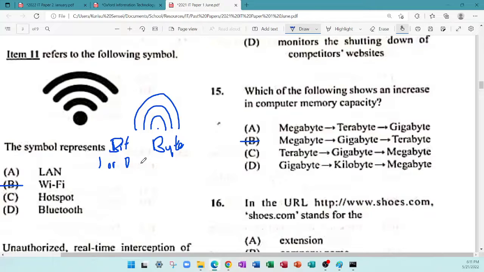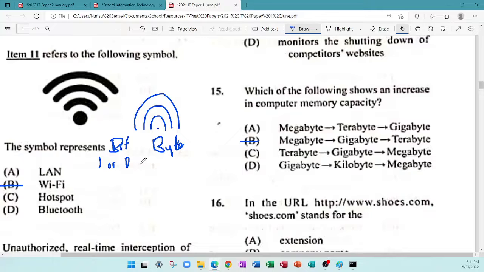How many bits make a nibble? A nibble? Nibble is not a thing, right? Yeah, nibble is a thing. That's an IT thing: bit, nibble, byte. Yeah, we're eating today.